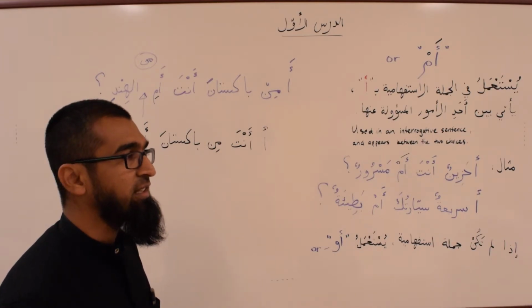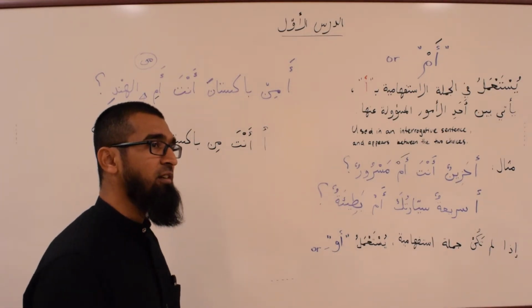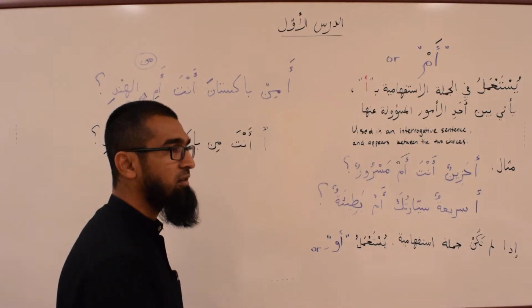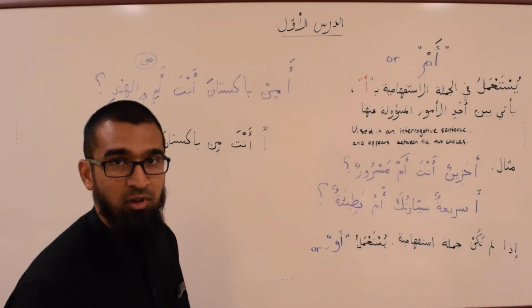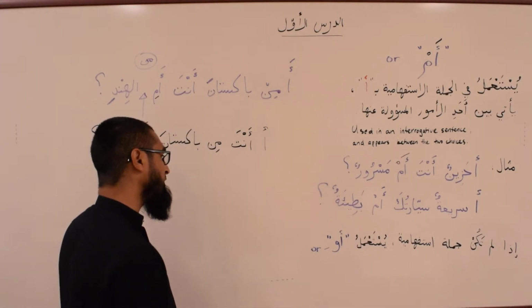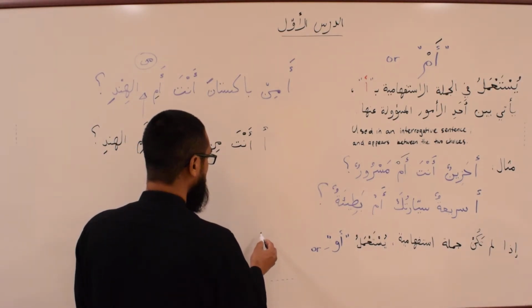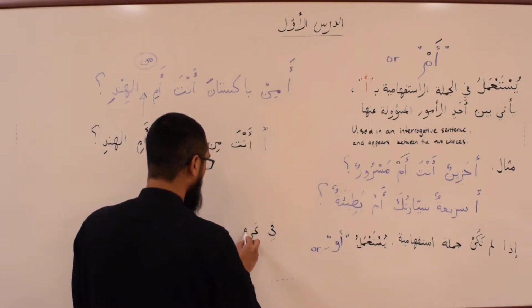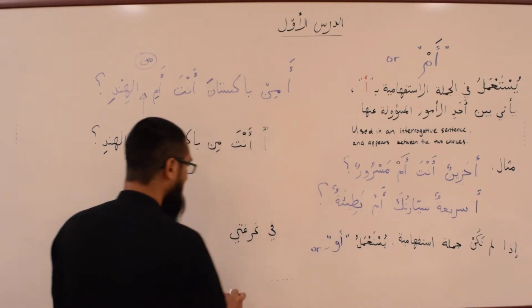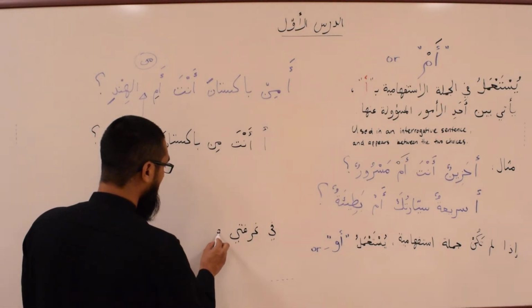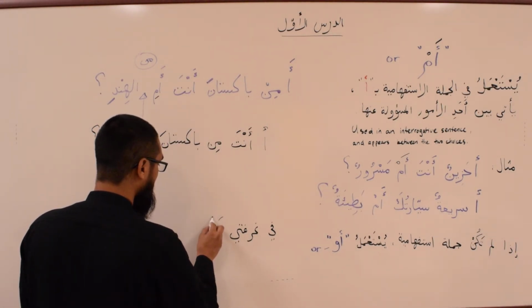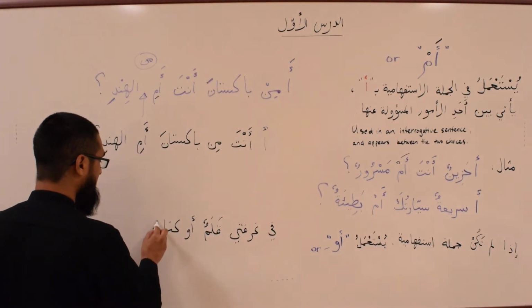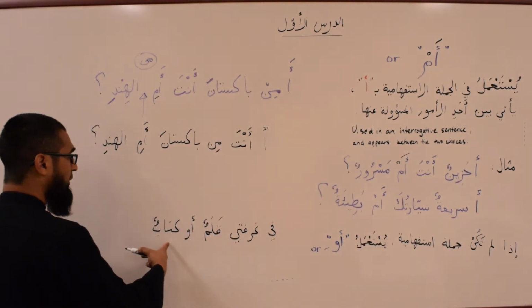So you're saying that at home, I have either a pen or a book in my room. You'll say, في غرفتي قلم أو كتاب. In my room there's a pen or a book.